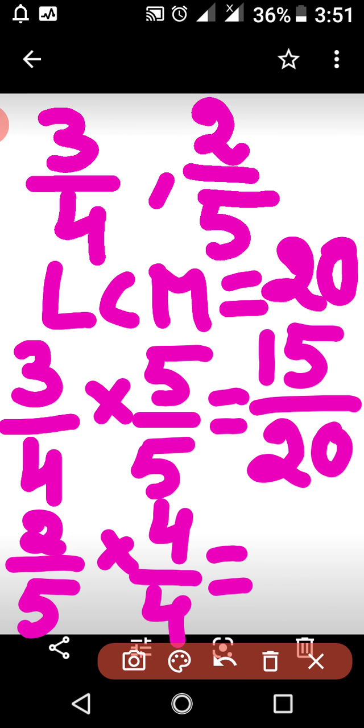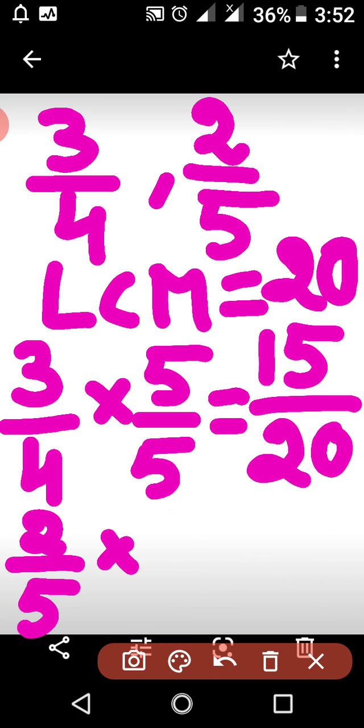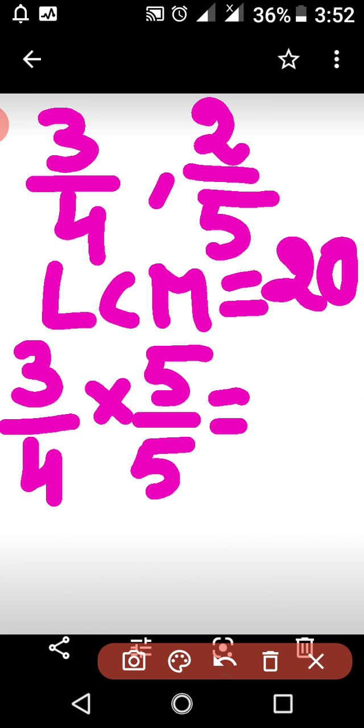Then 2 4s are 8 and 5 4s are 20. Now the denominator also becomes 20, which is equal to the LCM. So the given two fractions, 3/4 becomes 15/20 and 2/5 becomes 8/20. 15/20 and 8/20.